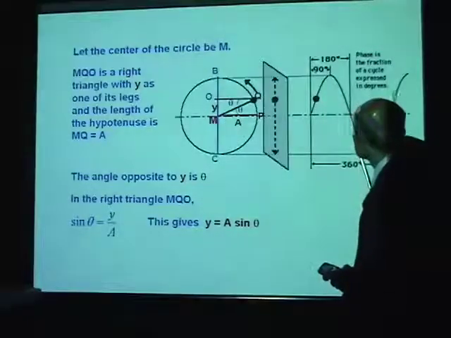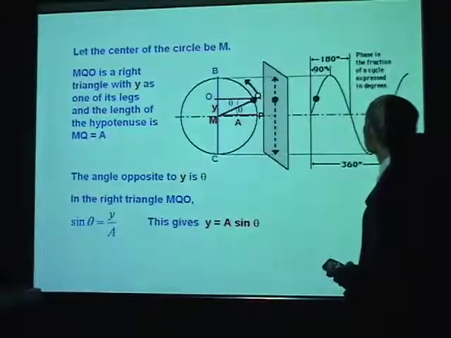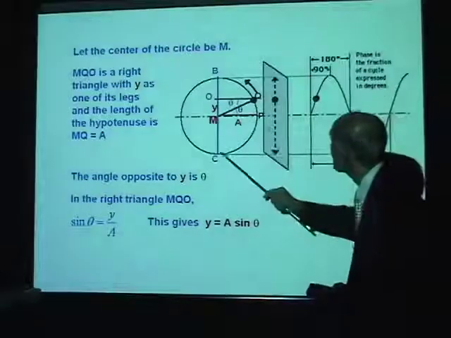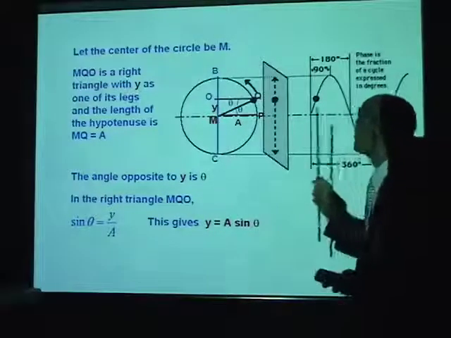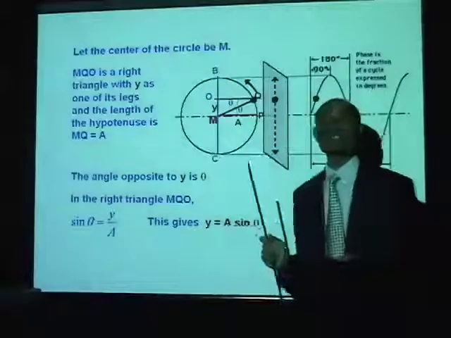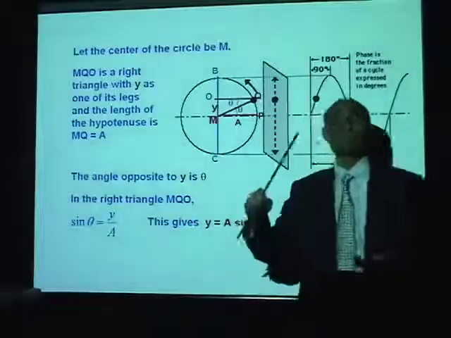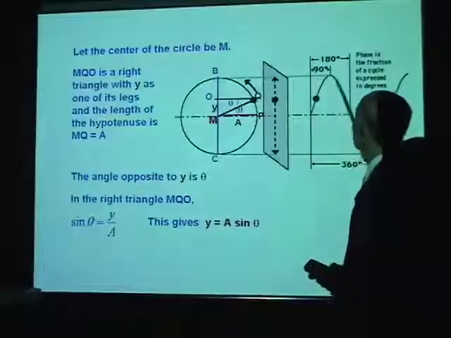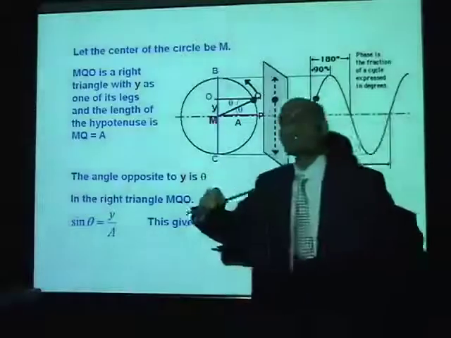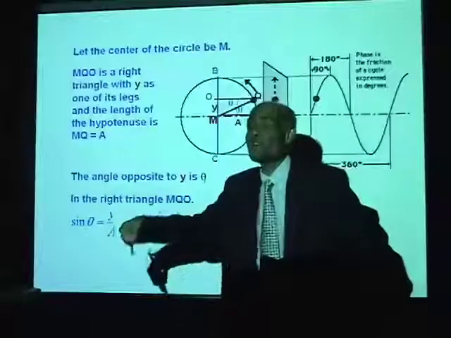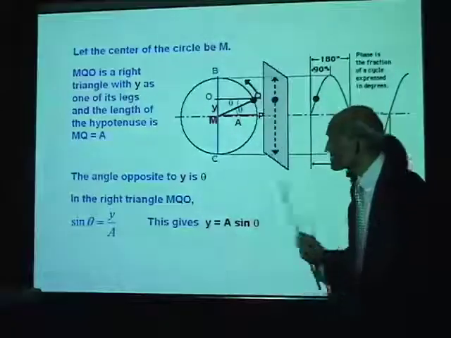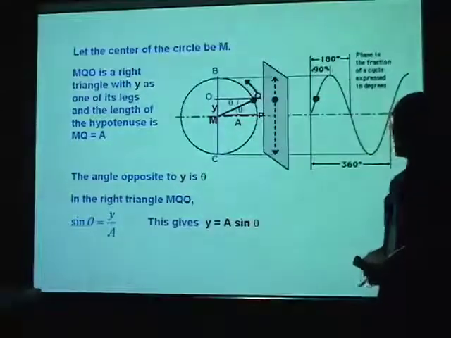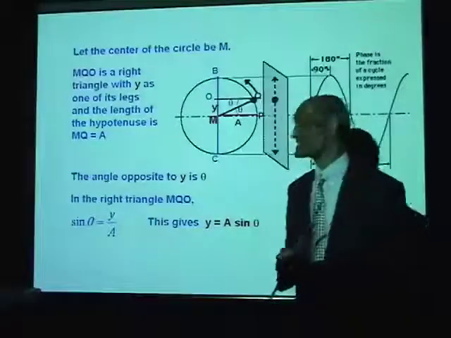When theta is 270 degrees, the displacement is negative A. And when theta is 2 pi or 360 degrees, the displacement is 0. You can see how the displacement changes. We say the displacement is a sine function. Is that right? Yes. So the displacement is now represented by y equal to A sine theta.